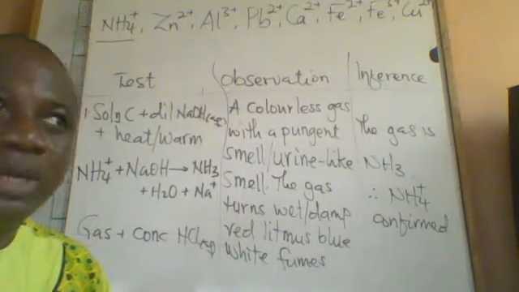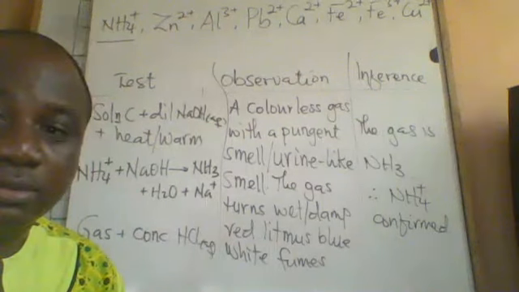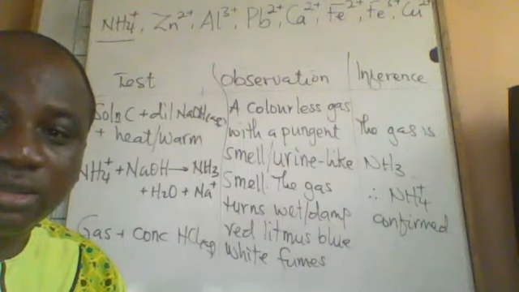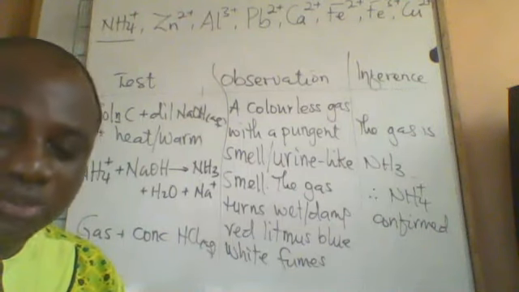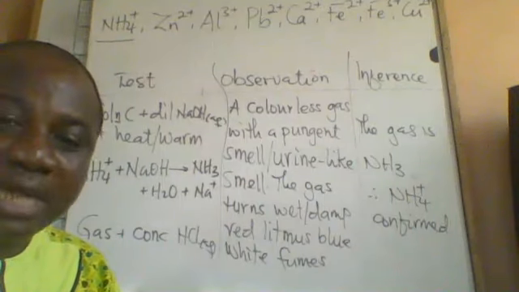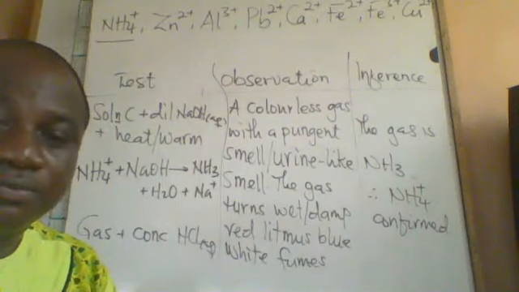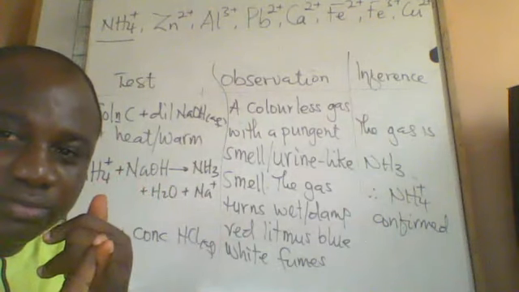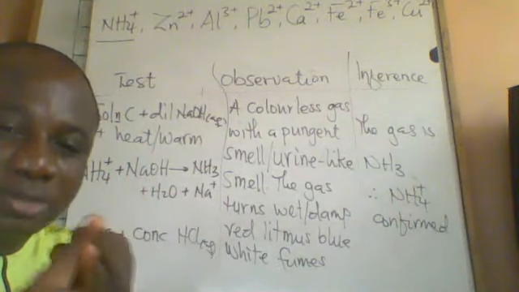I don't know whether that is covered under the preparation of gases and the state of matter. Yes, we have, and you can cross-check. In producing ammonia gas in the lab, you need ammonium chloride plus calcium hydroxide.